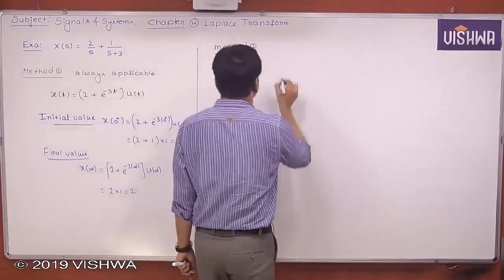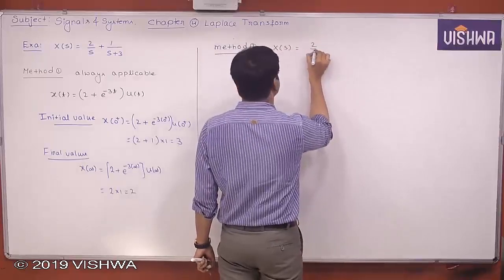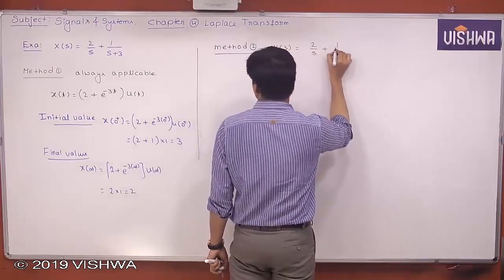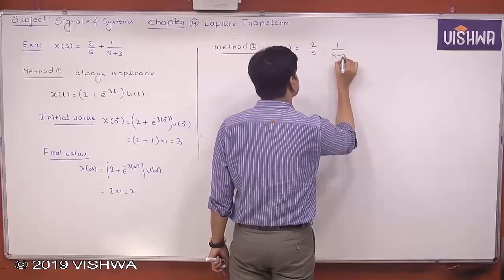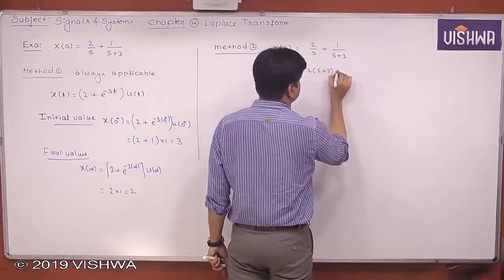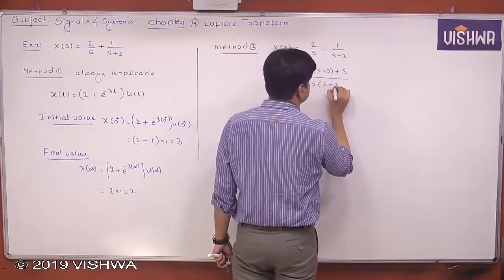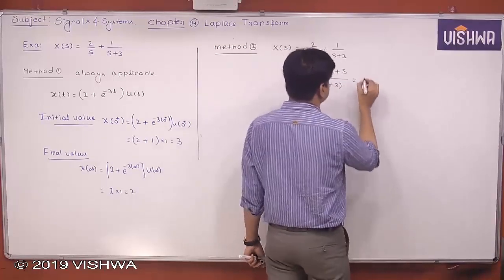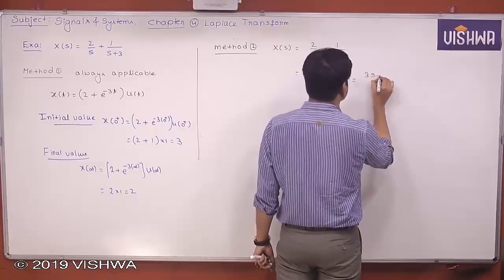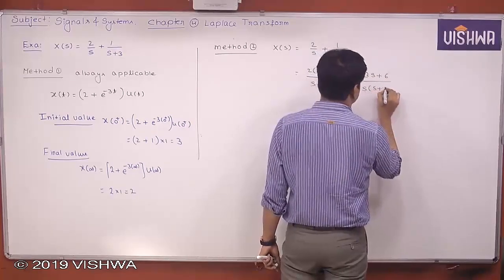In method 2, what is x of s? It is 2 by s plus 1 by s plus 3, that is 2 into s plus 3 plus s by s into s plus 3, that is 3s plus 6 by s into s plus 3.